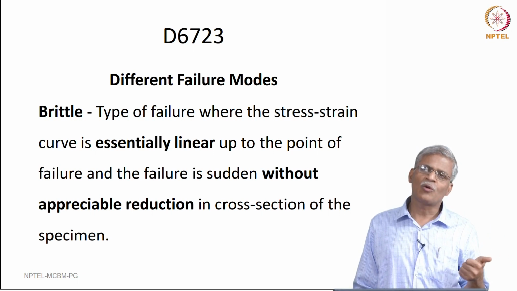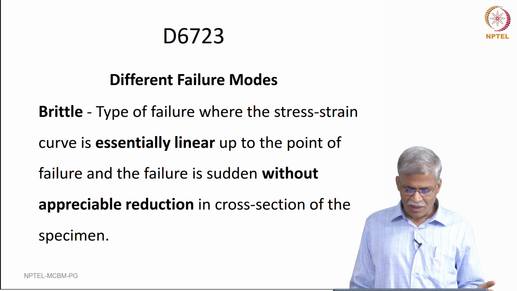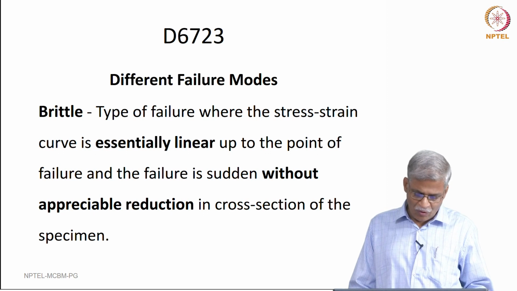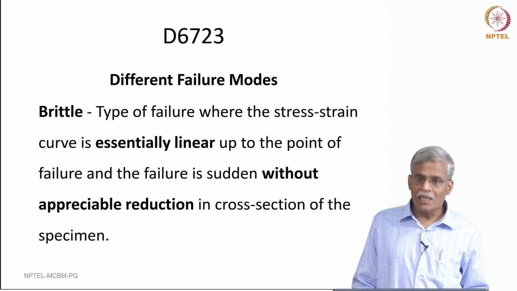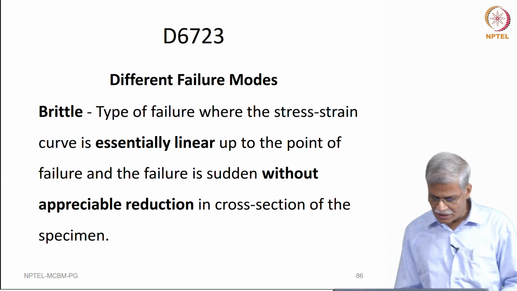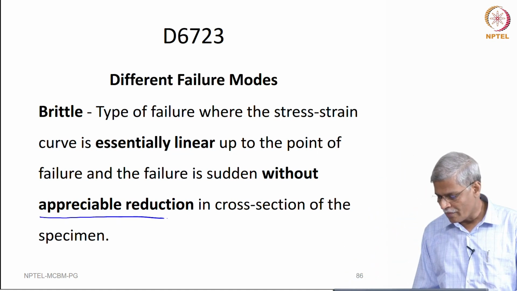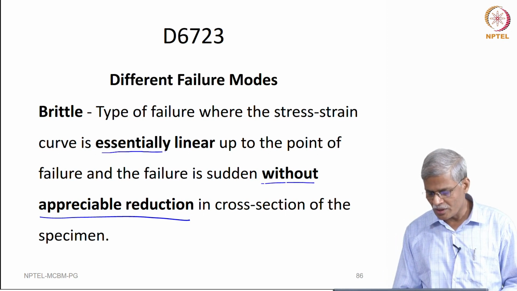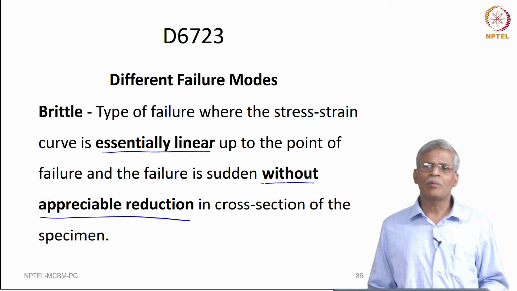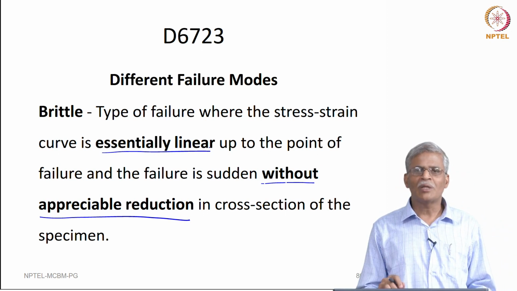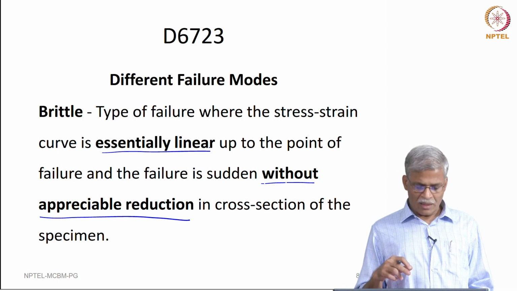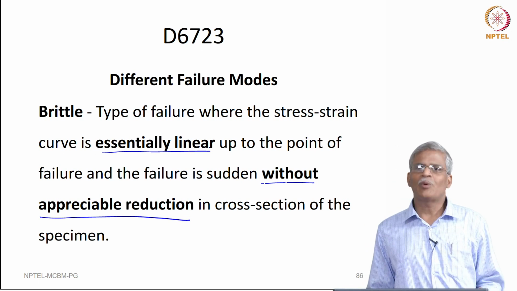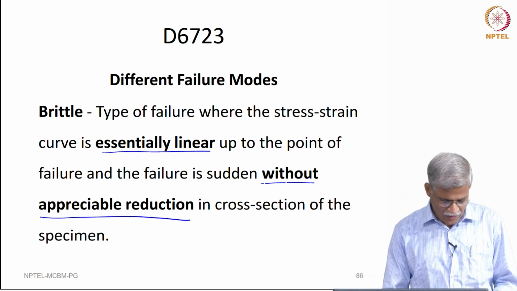So the first failure mode is brittle: the type of failure where the stress strain curve is essentially linear up to the point of failure, and the failure is sudden without appreciable reduction in the cross section of the specimen. The important phrases are underlined here. You need to understand something about the linearity. You can have a brittle fracture which is not necessarily linear, but as far as this standard is concerned, this is what is assumed.